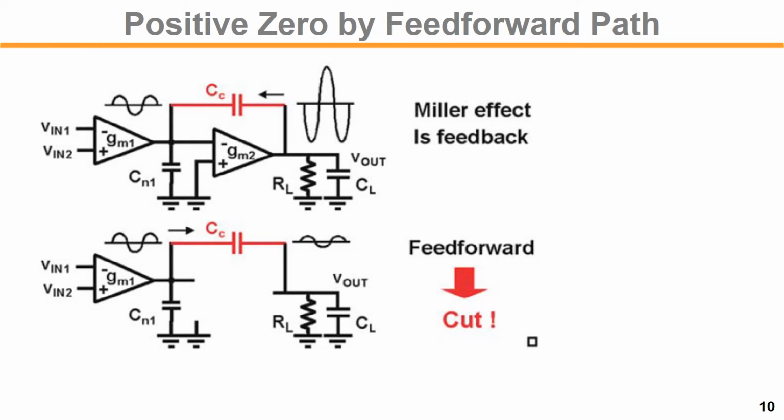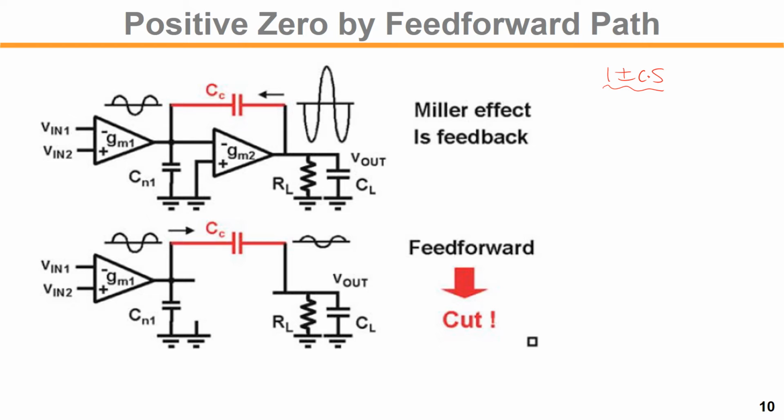The generation of the positive zero in the Miller compensation is kind of problematic. So we would like to see how this positive zero happens. Let's say, for example, the zero, as you can see, the plus minus AS, something like this, CS, the same notation that we used before.